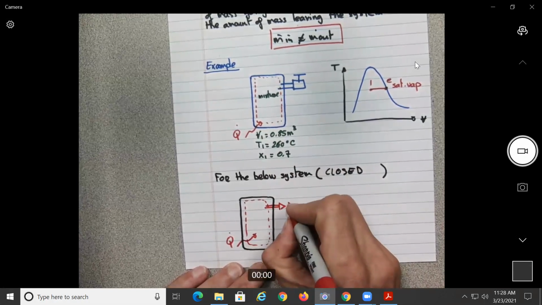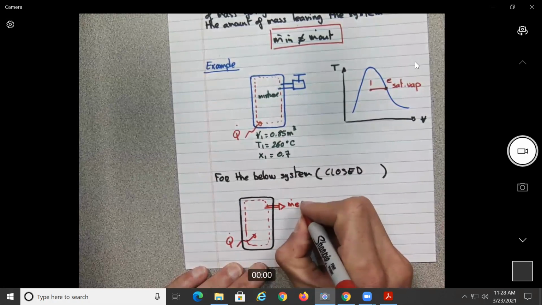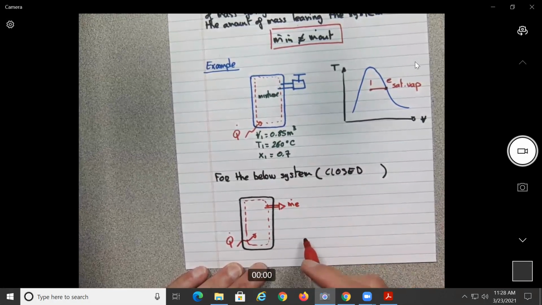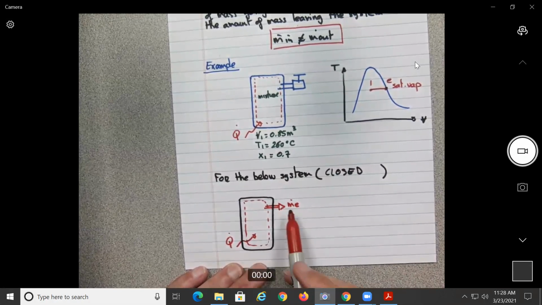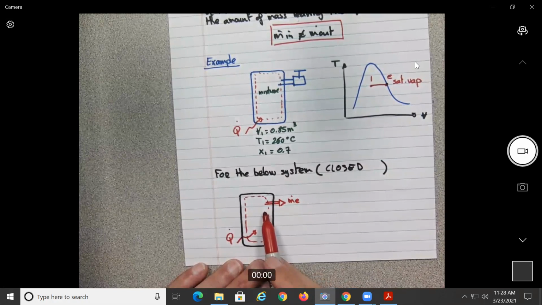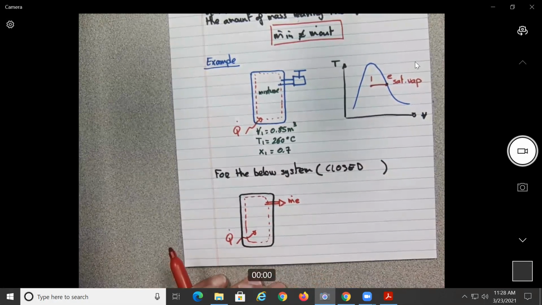You're gonna have some energy leaving. Okay, so here, this is the tricky part: when we deal with a closed system, what are we dealing with? Are we dealing with internal energies, or are we dealing with enthalpies? Remember, I made one on a page.